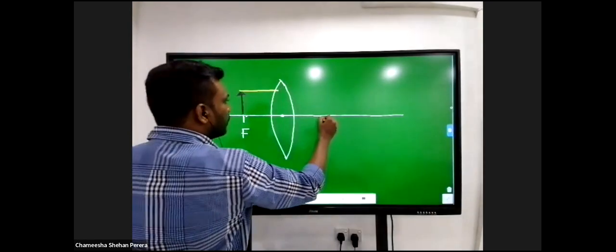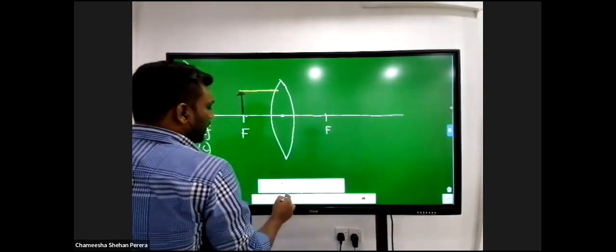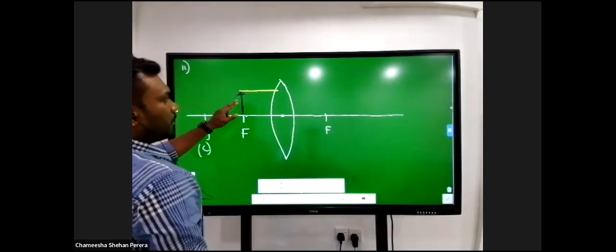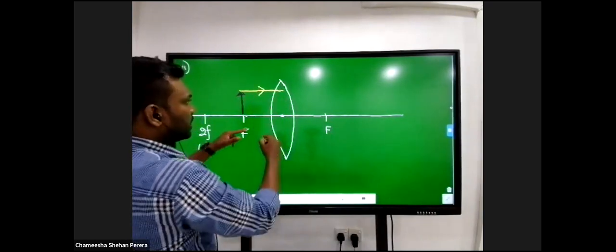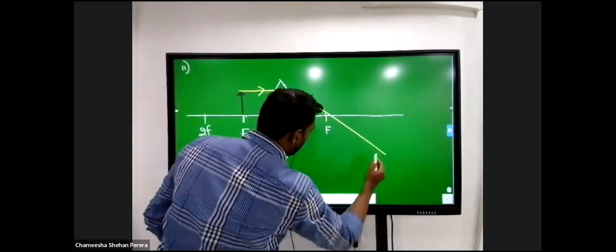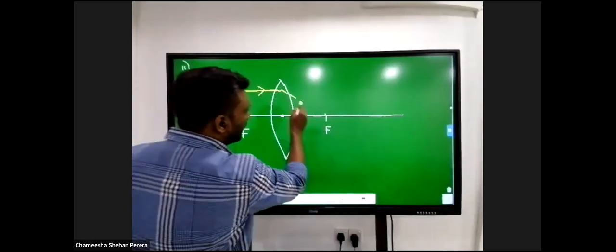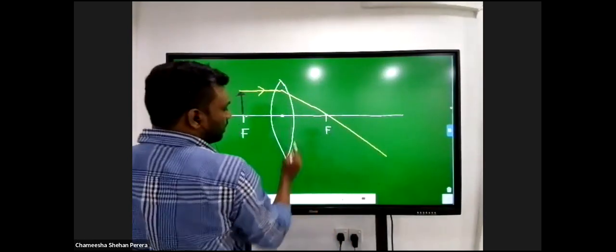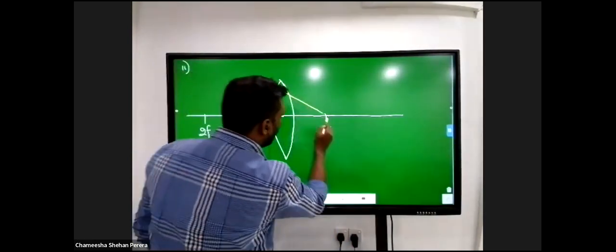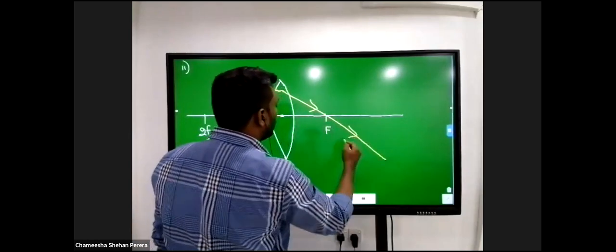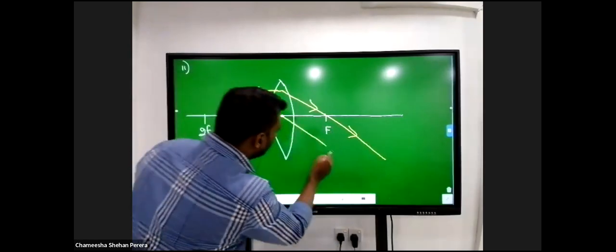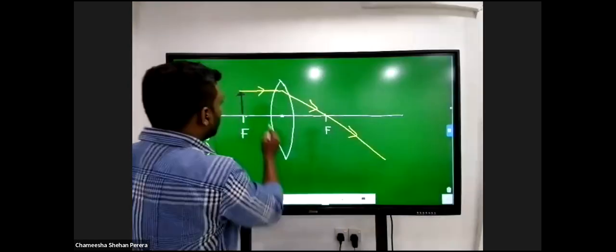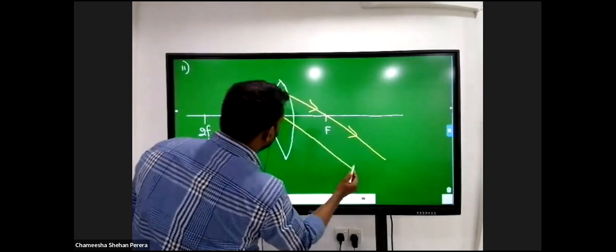If there was a light ray traveling from the object to the convex lens parallel to the principal axis, the light ray gets refracted and travels through the focal point. And the second light ray goes to the optical center, no refraction takes place.